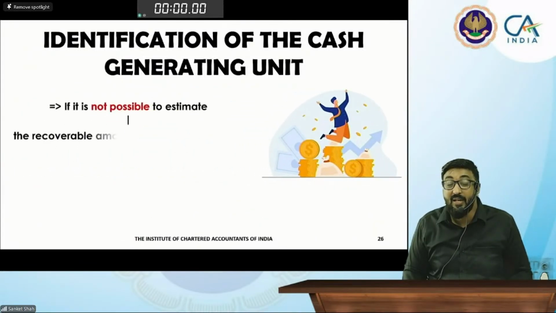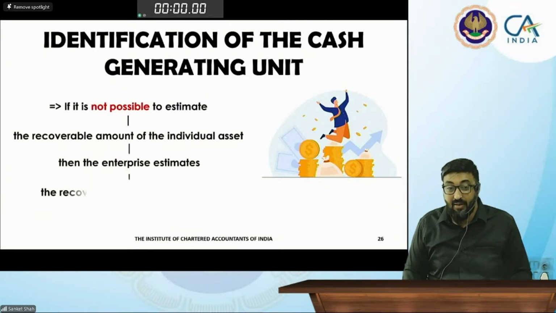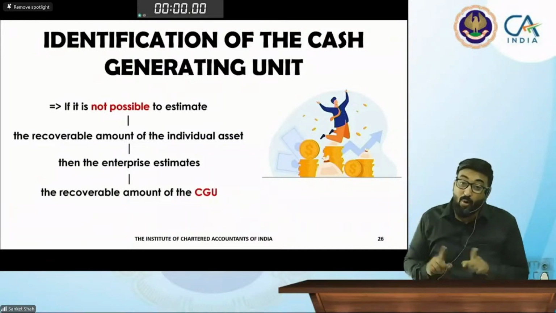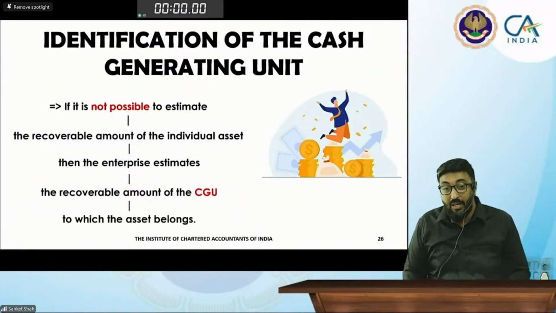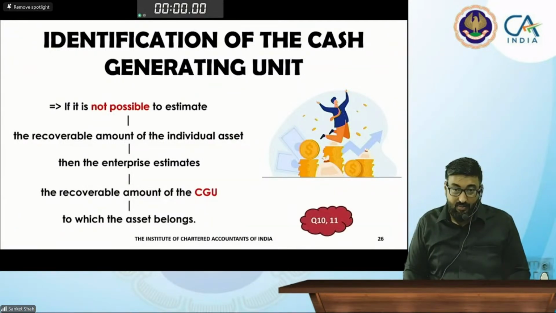If it is not possible to estimate the recoverable amount of an individual asset, then the enterprise estimates the recoverable amount of the overall CGU, cash generating unit, to which the asset belongs. We have two questions on this, question 10 and 11. Okay. Rachna, raise your hand, beta.